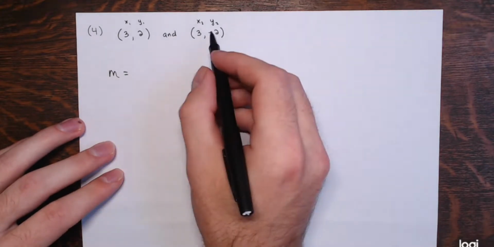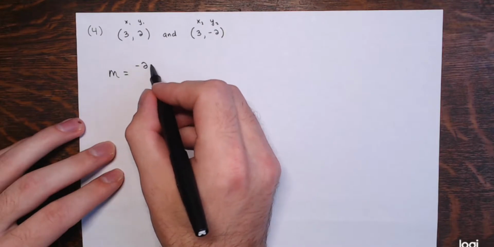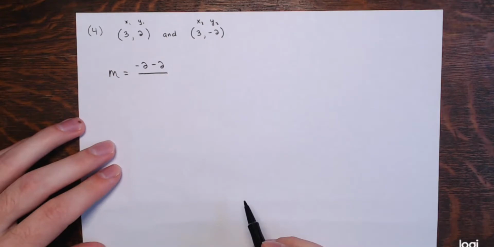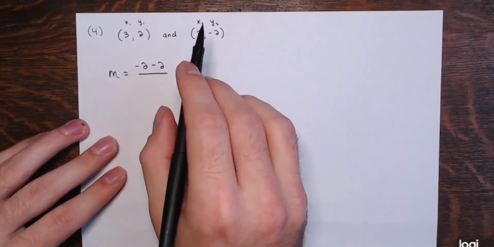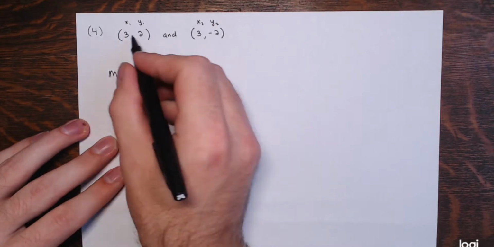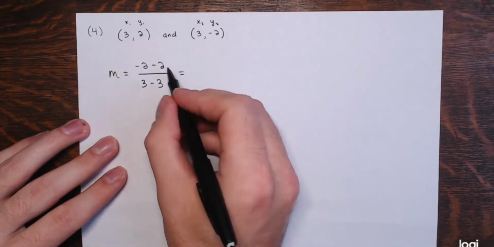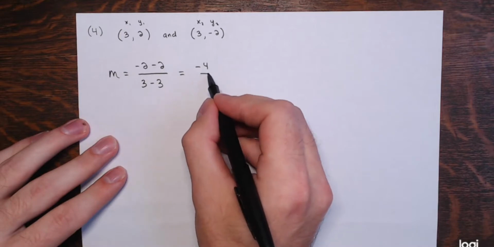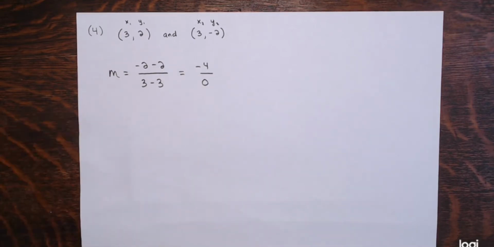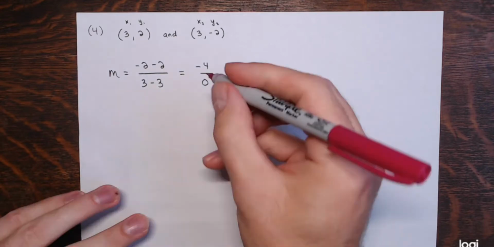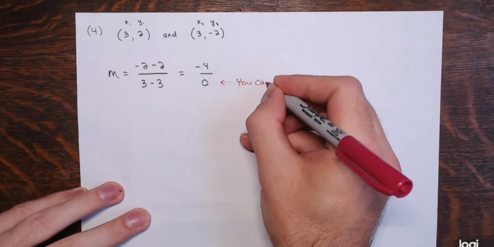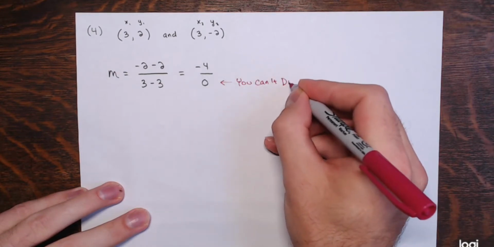Now remember that I like doing second minus first, so -2 minus 2 for the change in the y coordinates, the vertical change, the change in y. And then again, second minus first for the horizontal change, right? 3 minus 3, subtract the x coordinates in the denominator. So the numerator is -4, and the denominator is 0. Remember, you can't divide by 0.